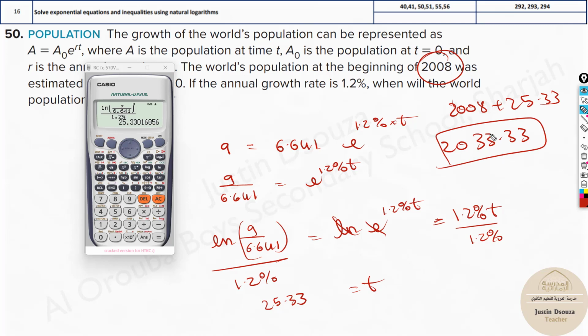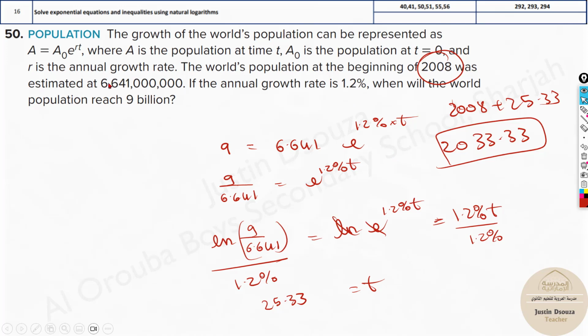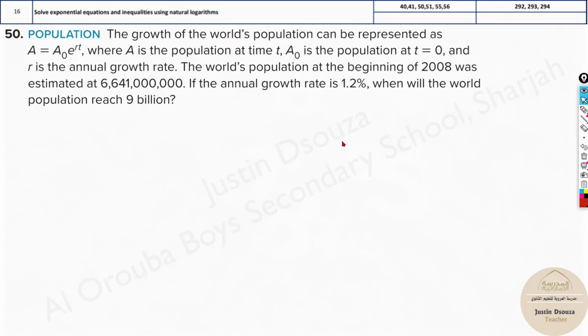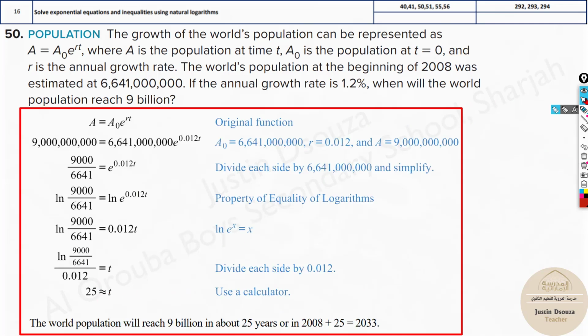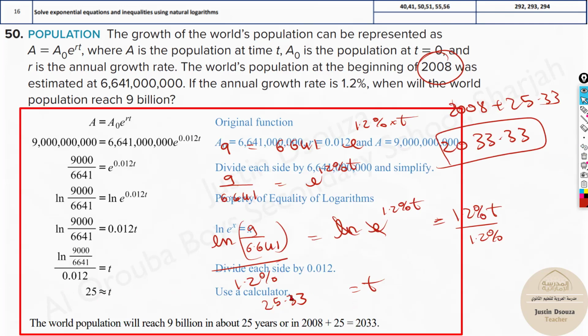In 2033, it is estimated that we'll reach 9 billion. But as of now, it's 8.1 billion already. It might reach much earlier, but this is the estimated population based on old data. So that's how we solve this. They have taken it as 25, but we got 25.33. That's fine. On average, it's 2033.